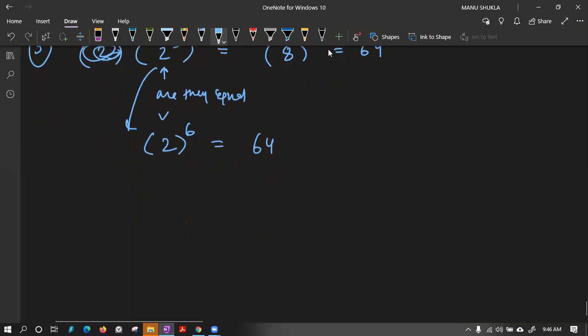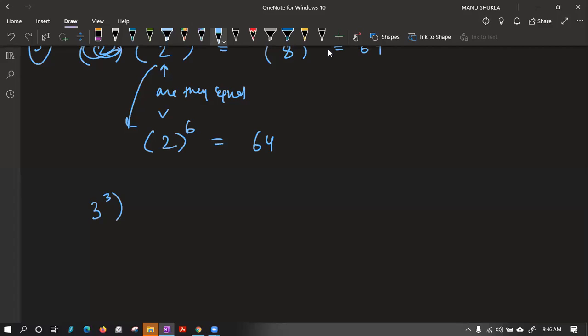Similarly, 3 power 3 whole power 2 can be written as 3 power 6. If we have 2 power 7 whole power 10, it can be written as 2 power 70. Yes, so this way we are reducing the work that we have to do.